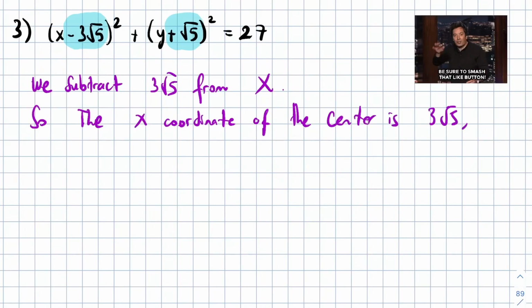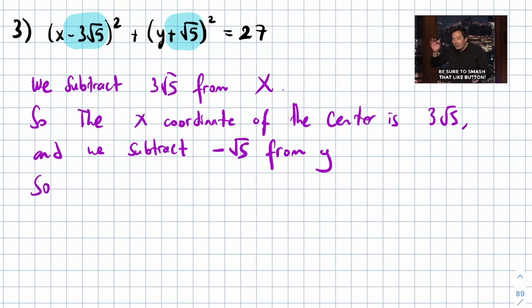Looking at the second square, y plus root 5, we subtract negative root 5 from y. Please pay attention here, this is very important.